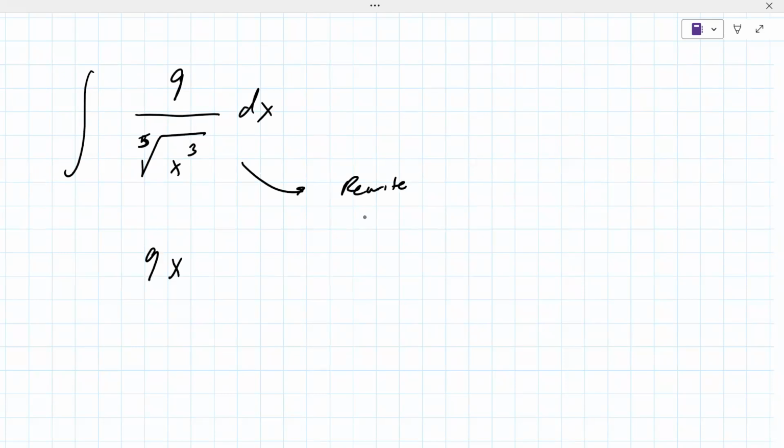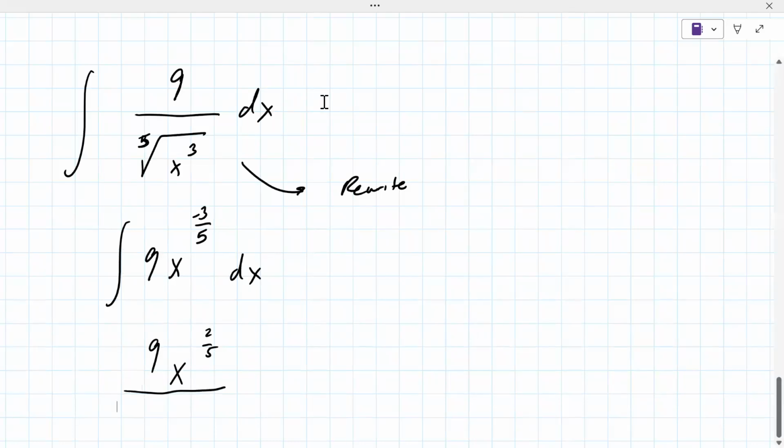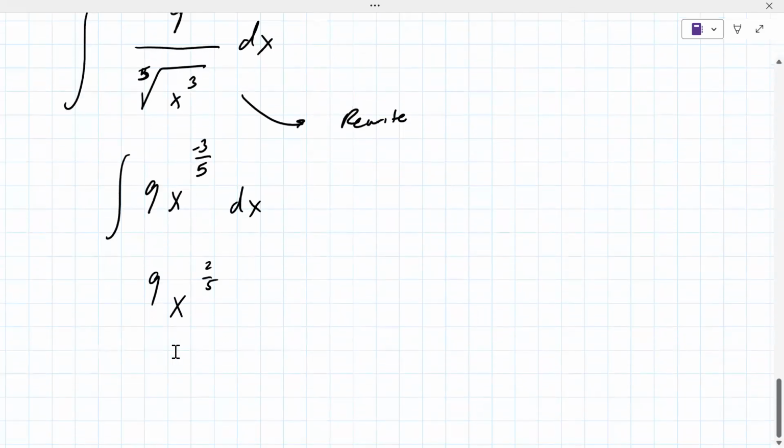So the integral is gonna end up being 9x to the negative 3/5 power. Yes. Yep, perfect. So this time when you add 1, you get a positive. And so what you'll sometimes start doing is realizing, well, if I'm going to divide by a fraction, that means I'm multiplying by the reciprocal. And you'll just start doing that.